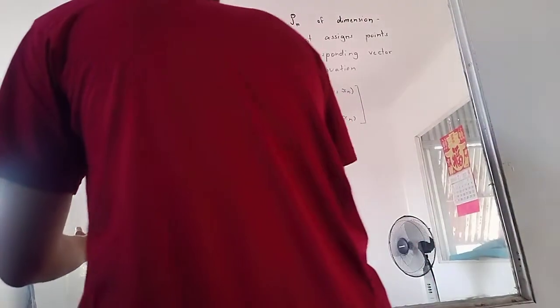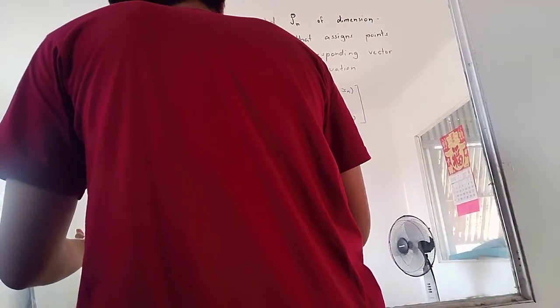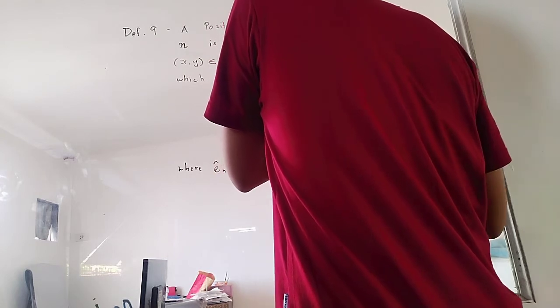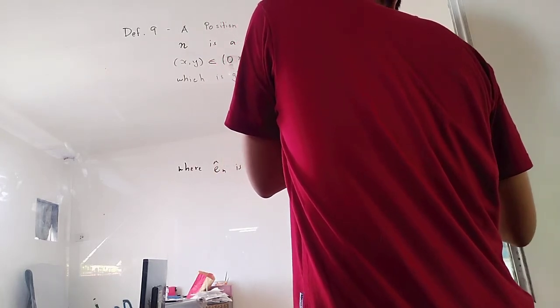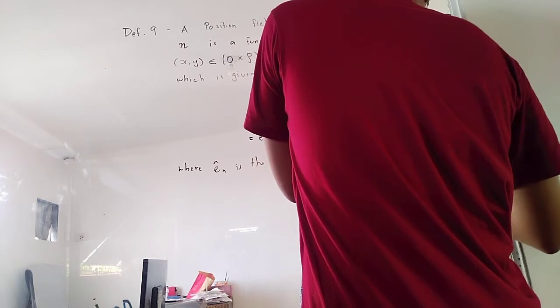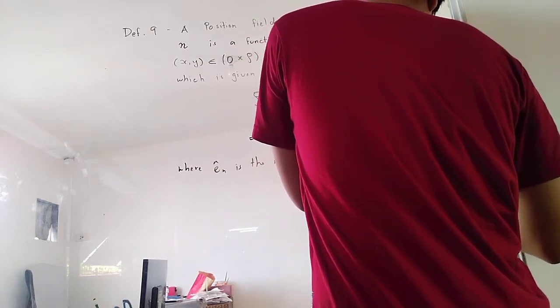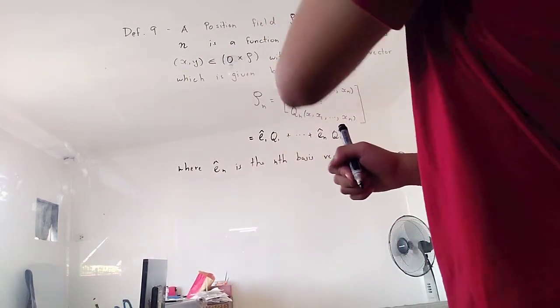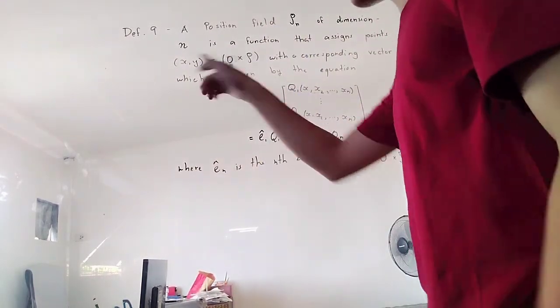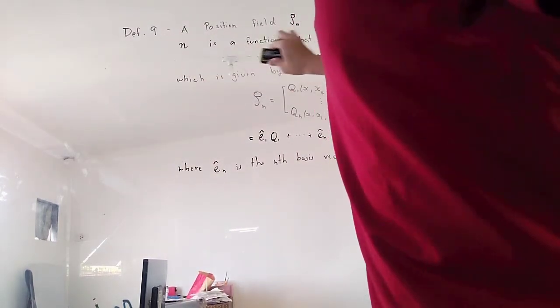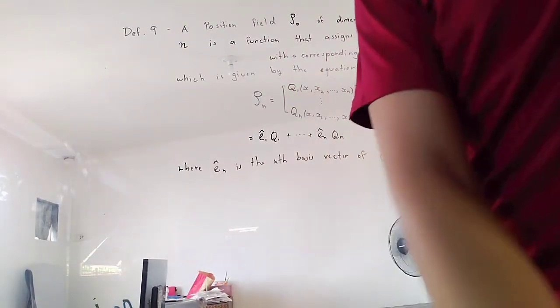Lastly, where en hat is the nth basis vector of R cross R. So it's really in the end this is really generalized.